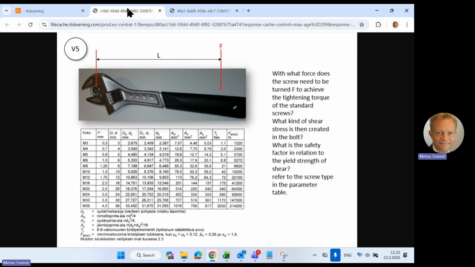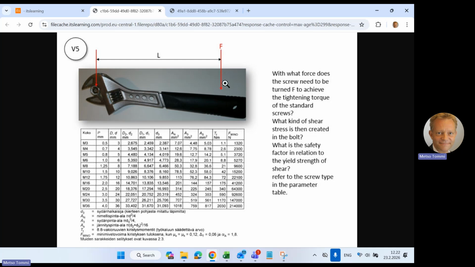Okay, the first problem. With what force F does the screw need to be turned? So you have a tool, and here's the screw.